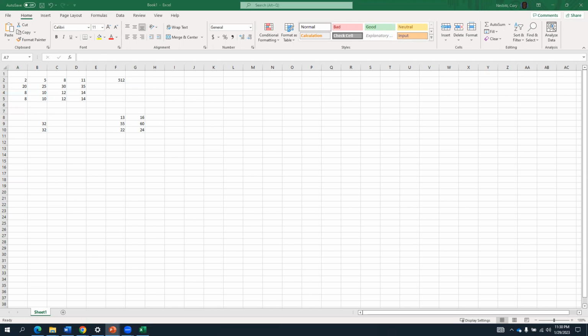So we'll use equal 4 divided by 3 times pi, open close parentheses, times A5 to the power of 3, which is the cell. So you go enter, right?